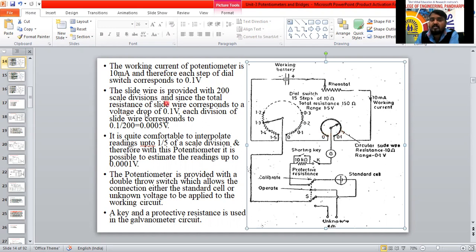The total resistance of the slide wire corresponds to a voltage drop of 0.1 here. But there are 200 divisions. How much is each division?